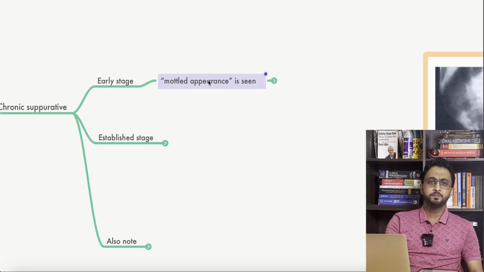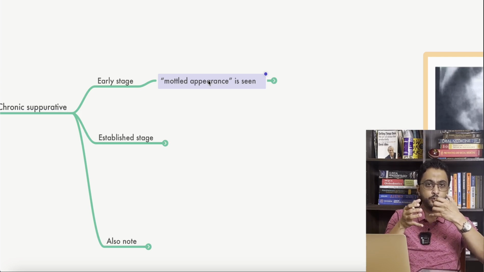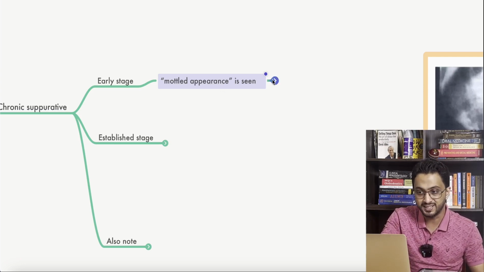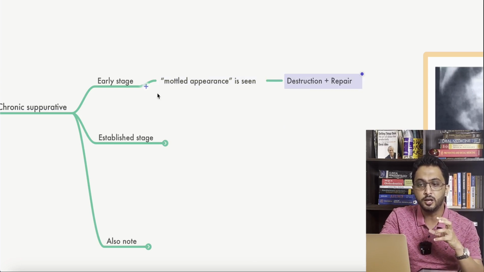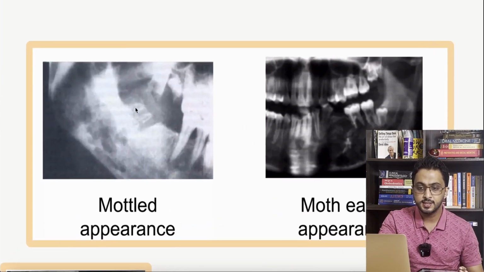But now the immunity is good enough to repair it. So destruction and repair happen. What is the outcome? A mottled appearance. So in the early stage, there is destruction plus repair, and you get a mottled appearance. This is a picture of it. If you see here, this bone destruction is there.